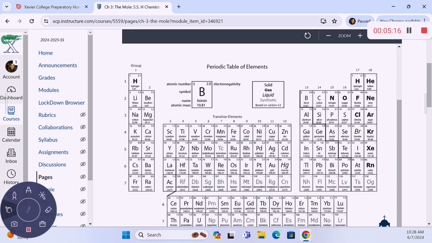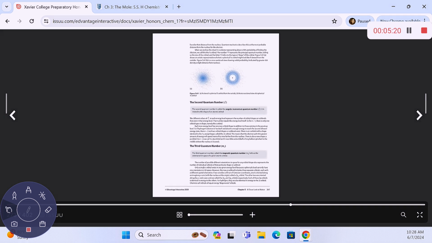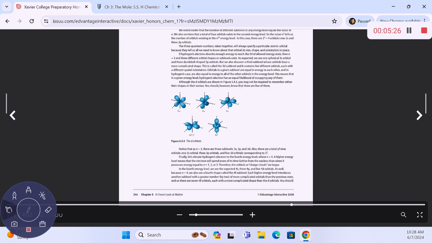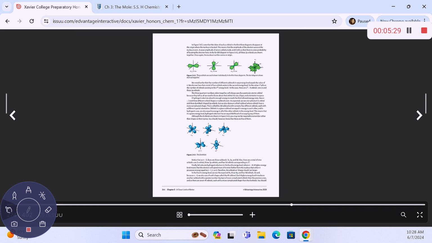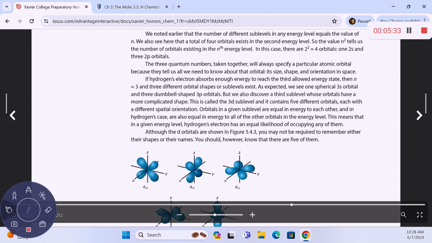So let's go over here and let's see what we're missing. So we did this. We did this. I want to highlight something on this page for you.